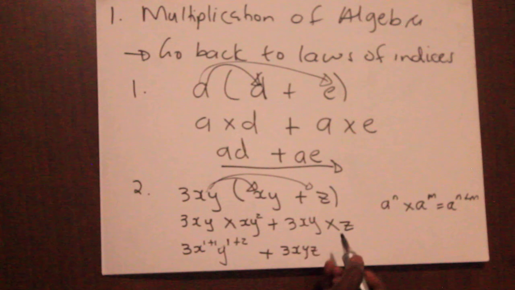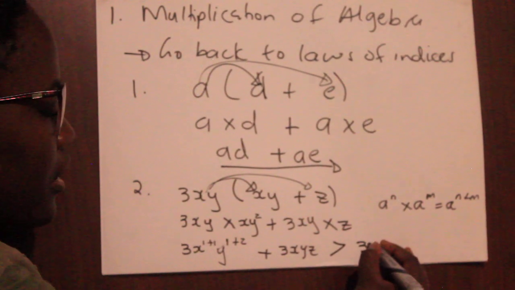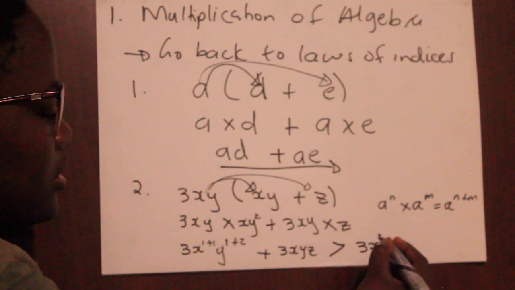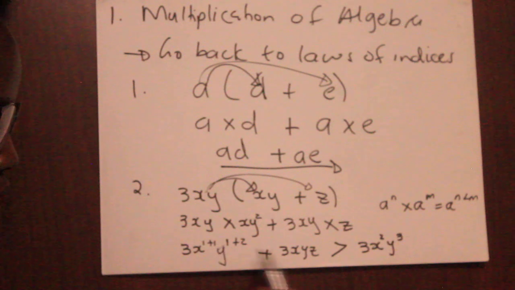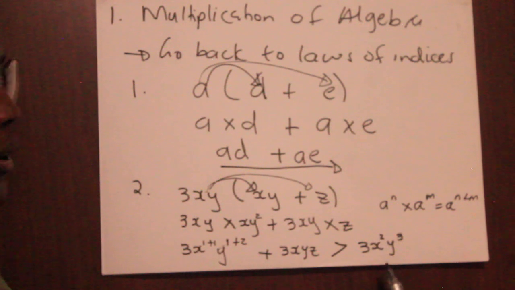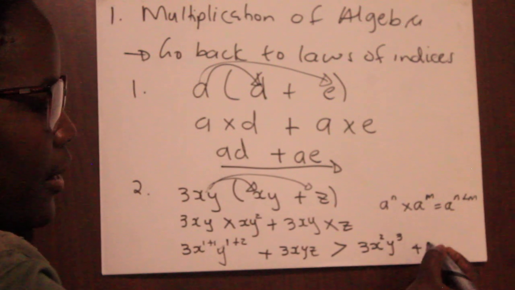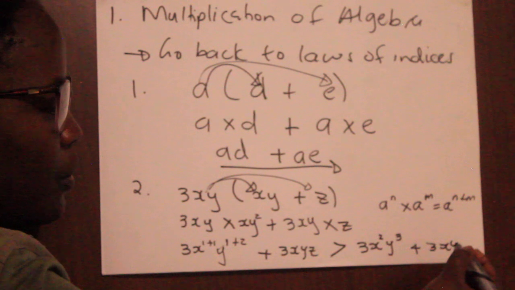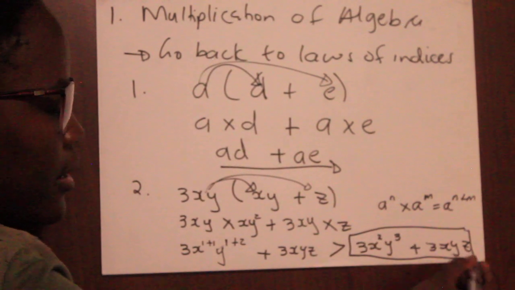So the first one gives us 3x squared y to the power of 3, because 1 plus 1 is equal to 2, and for y, 1 plus 2 is equal to 3. Plus 3xyz. And that's our final answer.